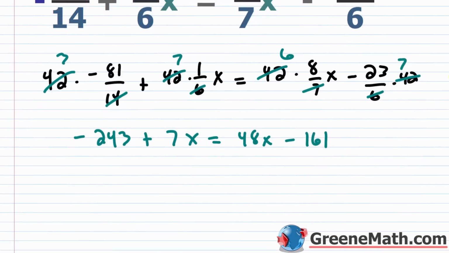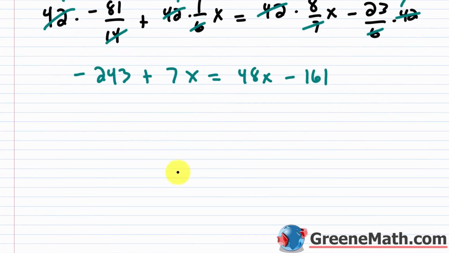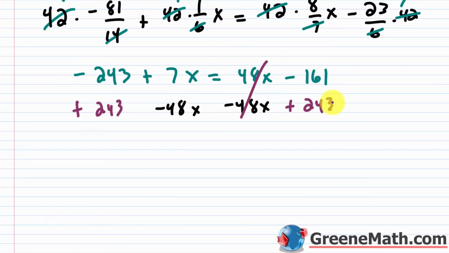Okay, let's come down here a little bit, and let's see what we have. So I'm going to subtract 48x away from each side of the equation. And let's go ahead and show this as canceling. And let's add 243 to both sides of the equation, and show that as canceling. So what is 7x minus 48x? That's going to be negative 41x.